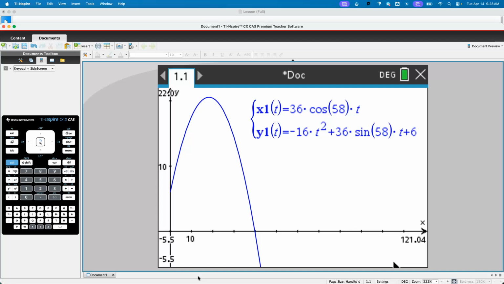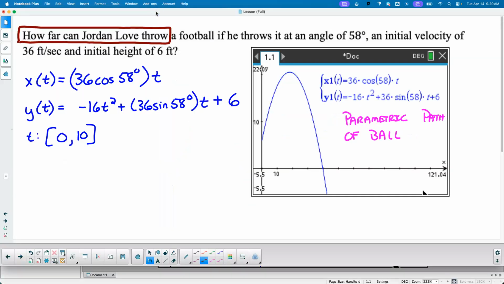So we're looking for this point right here, and what part of that point are we looking for? So which part of that point? The x part of that point, right? Okay. So how can we do that?